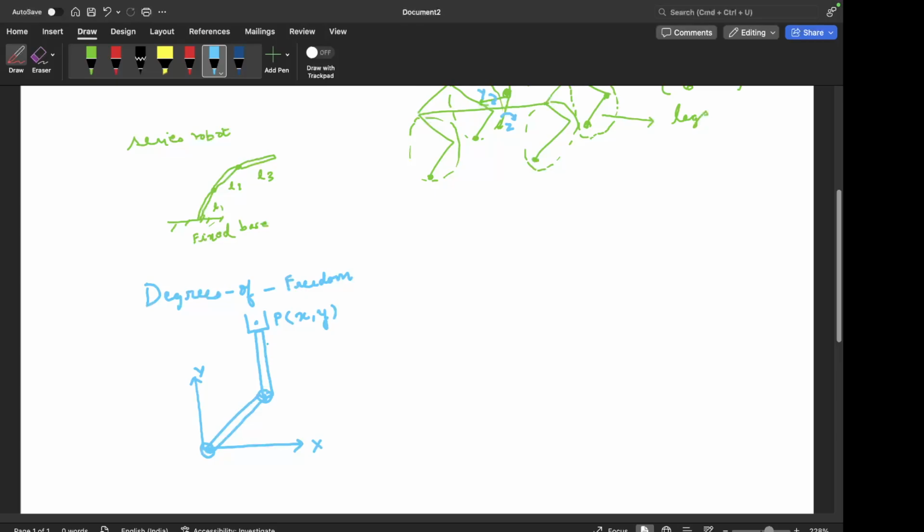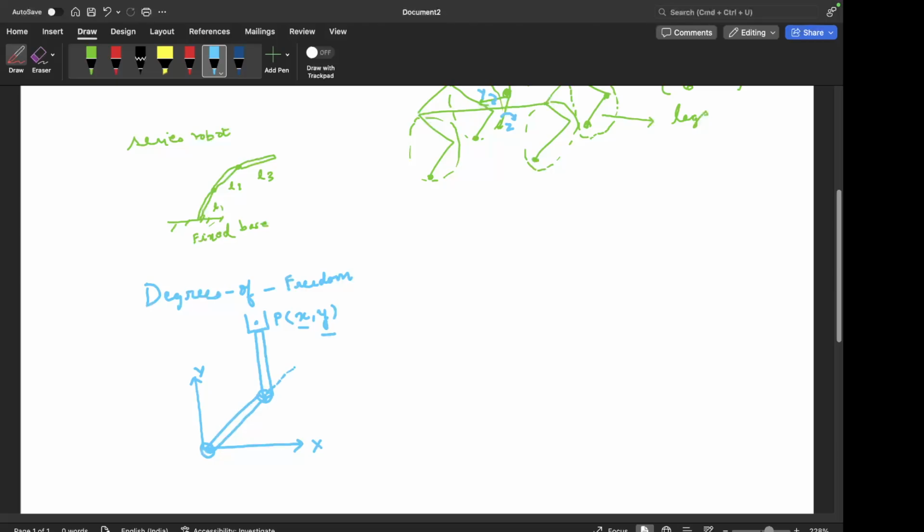So the position of the end effector would be fully described by these two quantities x and y, correct? So this is your first thing which you can try to identify, that how many parameters you would need to describe the position of the robot, or the configuration of the robot, right?